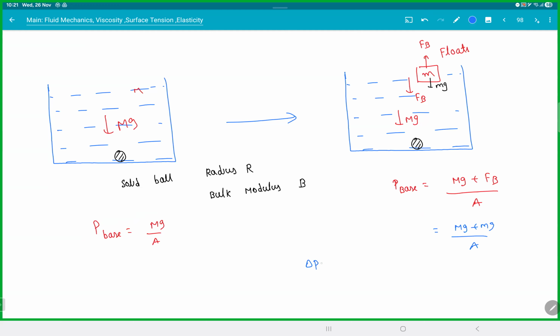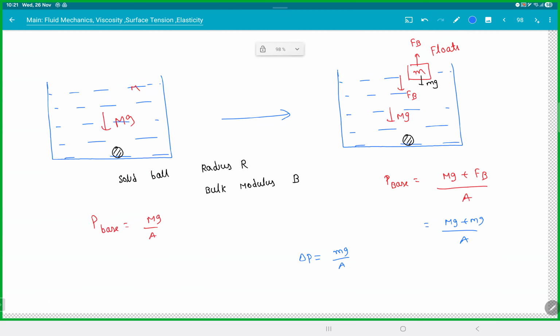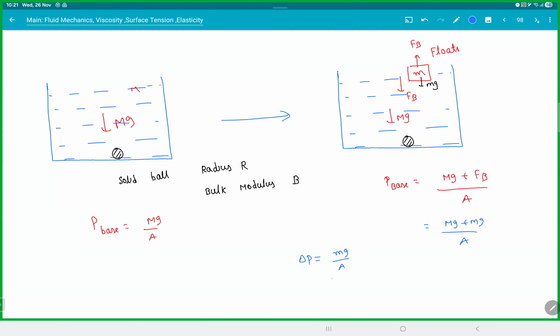So the delta pressure is nothing but small mg by area. Clear? Once you got delta P, you're done basically. Bulk modulus is equal to minus delta P dV by V. dV by V is nothing but 3 times delta R by R, so 3 delta R by R is minus delta P by B. Delta R will come. Minus indicates it got compressed.